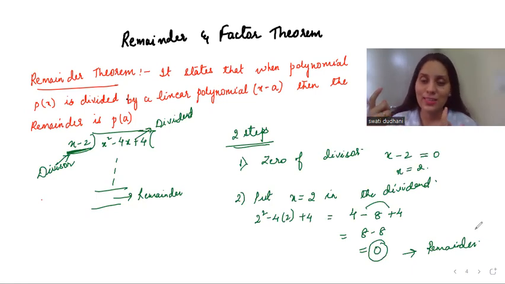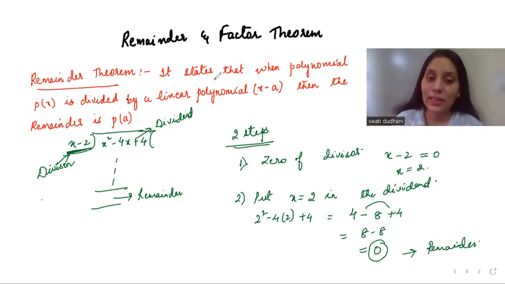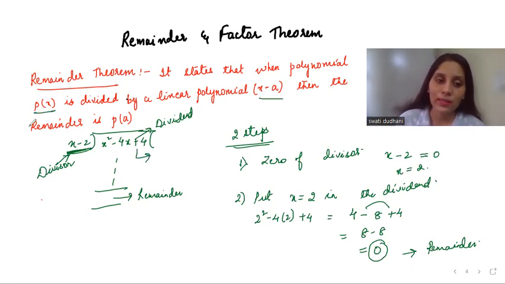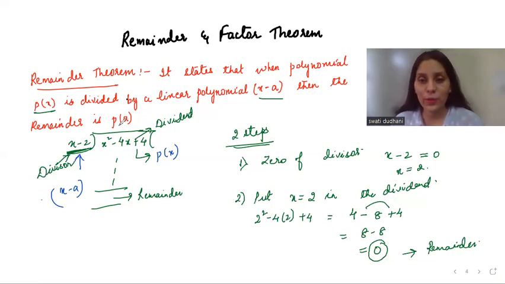Now let's see what the statement is. It states that when the polynomial p of x is divided by a linear polynomial x minus a, then the remainder is p of a. So this is our polynomial p of x and this is x minus a. What is the value of a here?